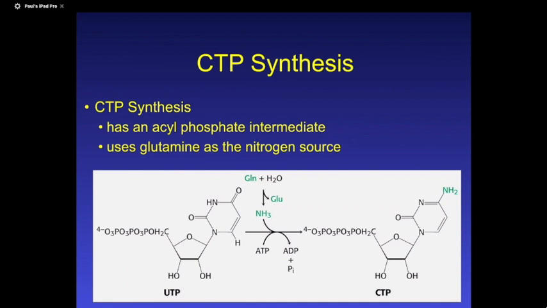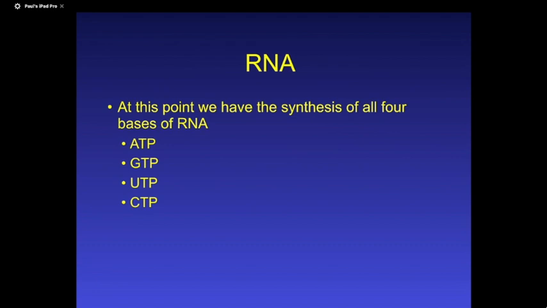We have seen this reaction before exactly with ATP going to ADP. Okay, and so the intermediate will have a phosphorylated oxygen, and then the nitrogen will attack, and we can form the product. Okay, so at this point in time, we have all of the RNA bases, A, G, U, and C. That is great.